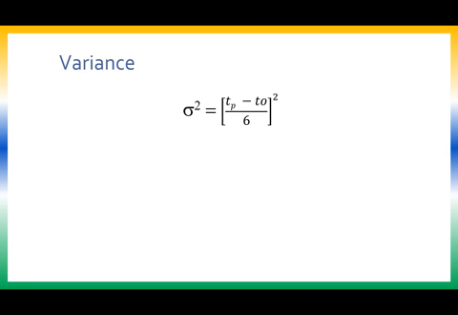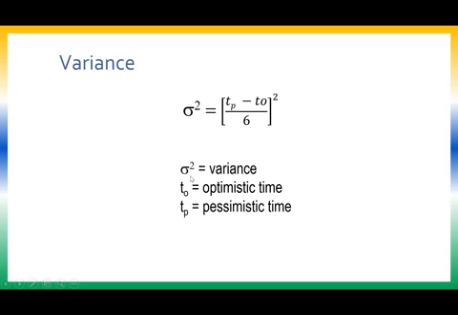One is the best time, one is the worst time. So I am taking worst time minus best time divided by 6 whole square. Okay. So variance sigma square is (Tp minus To) by 6 whole square, where sigma square is variance, To is optimistic time and Tp is pessimistic time.